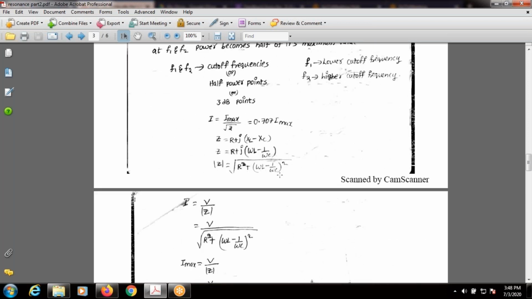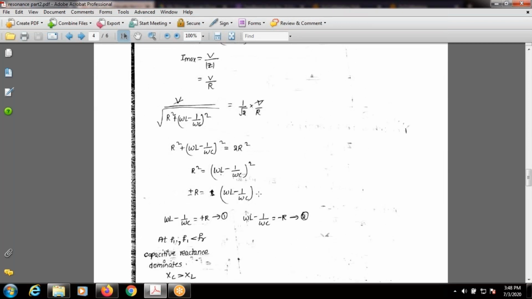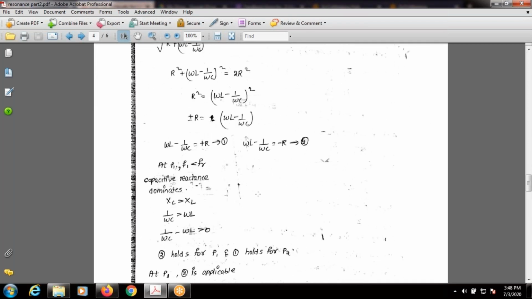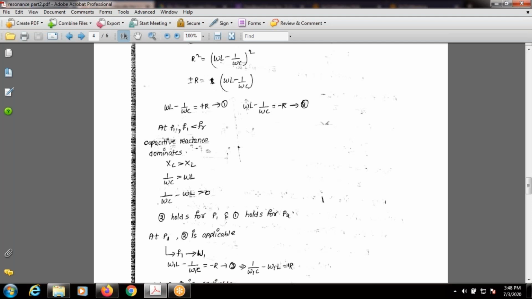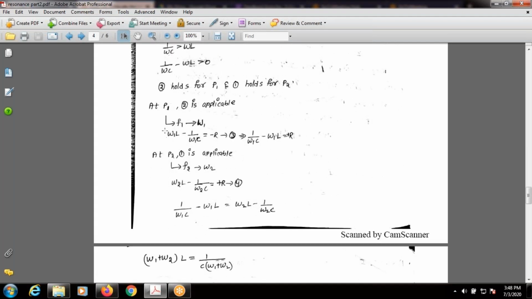Now the simple derivation: I is equal to I maximum by root 2. Remember this one: omega 1 L minus 1 by omega 1 C is equal to minus R. So 1 by omega 1 C minus omega 1 L is equal to R. That is equation 3.